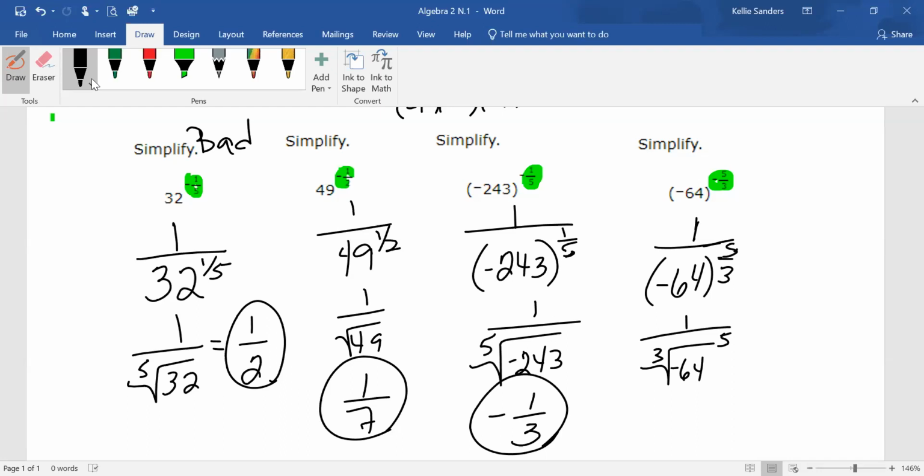So whenever we have 64 and you're multiplying them, what number do you multiply 3 times to get -64? -4, but the 5 is still there. I'm not going to lie, I'm going to use a calculator on this one. I don't know what 4 to the 5th power is. 1024. So this answer is -1 over 1024.